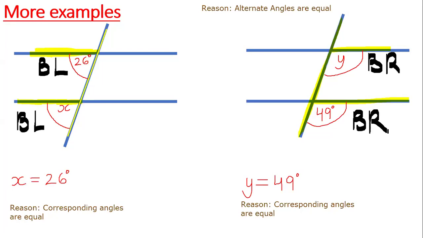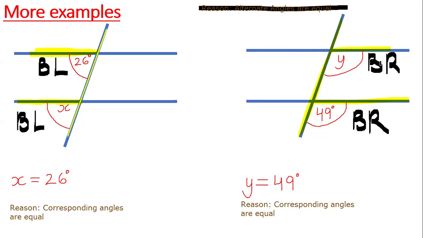Excuse me, Mr. Petit. Go ahead. So you're saying that alternate angles would be top right, bottom left, and corresponding angles would be bottom right, bottom right. If it's alternate, let's say this is bottom right.